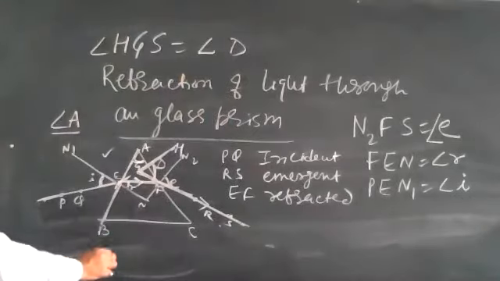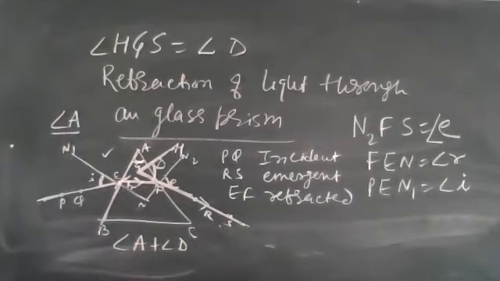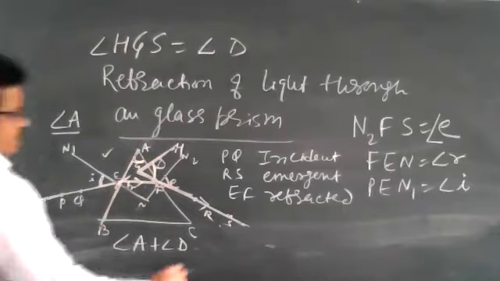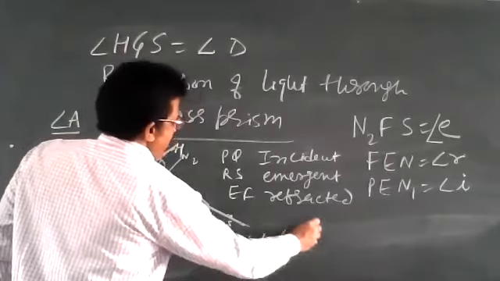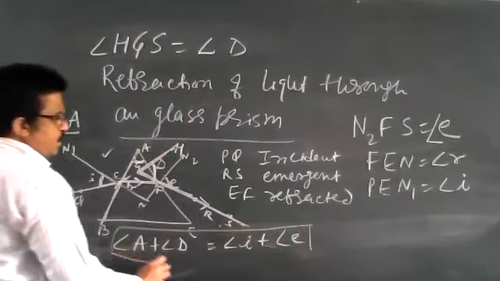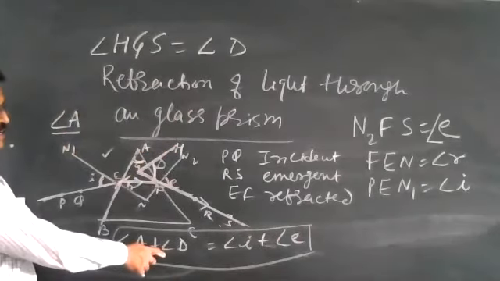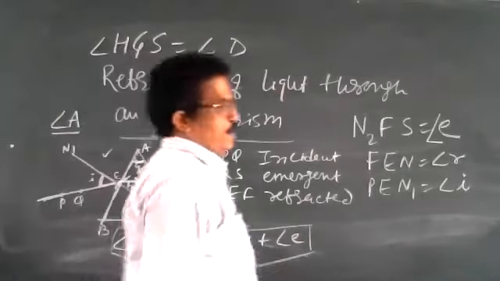Here angle A plus angle D is equal to angle I plus angle E. You have to remember this formula. This is the prism angle, this is angle of deviation, here is angle of incidence, and here is angle of emergent.